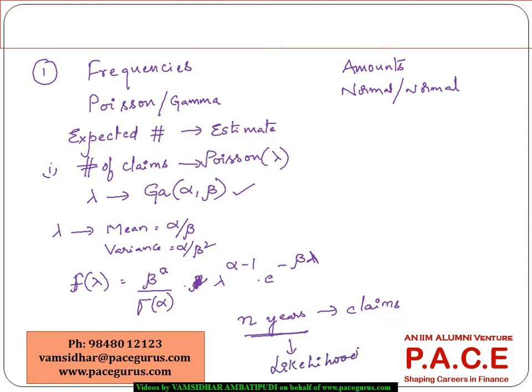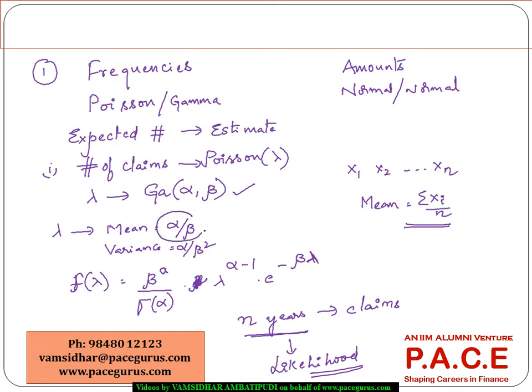I have collected the original claims, and they have given me the likelihood. If I have collected the claims x1, x2, x3, and so on up to xn, what is the mean number of claims here? The mean will be sigma xi by n. This would be the mean number of claims.